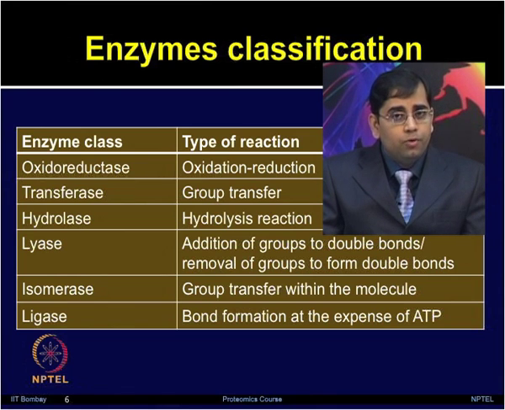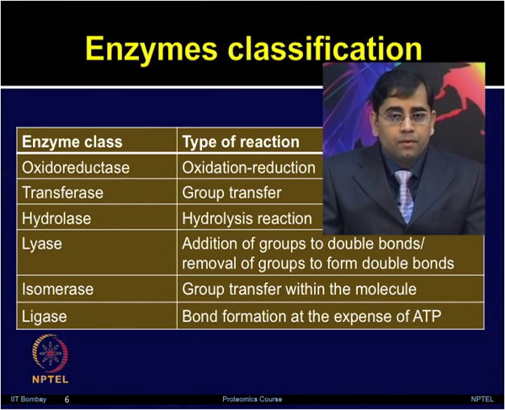Lyase is another group of enzymes which adds groups to double bonds or removes groups to form double bonds. Examples include fumarase. Isomerase, as the term says, catalyzes isomerization. So, this group of enzymes can transfer groups within the molecule. Example, phosphoglucoisomerase.